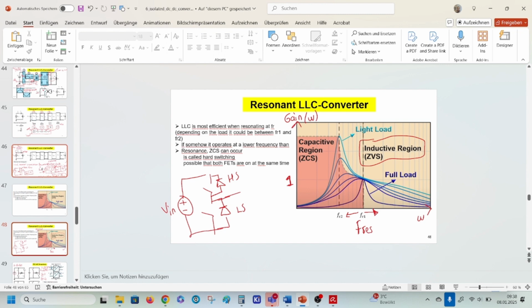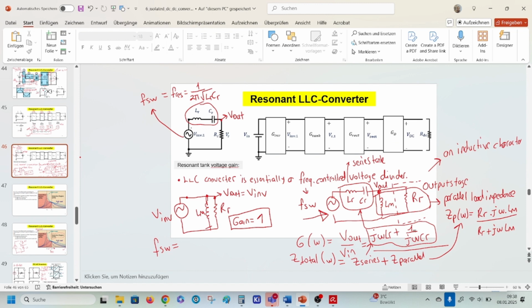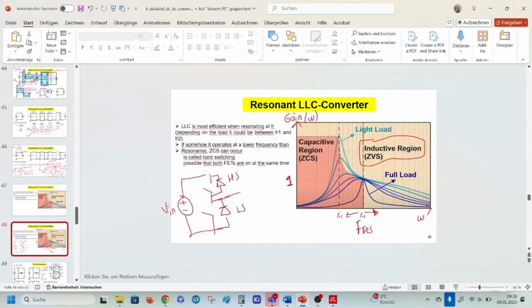For this reason, switching frequency should be either equal to our resonance frequency or greater than that. Any questions? Maybe summarize it here.